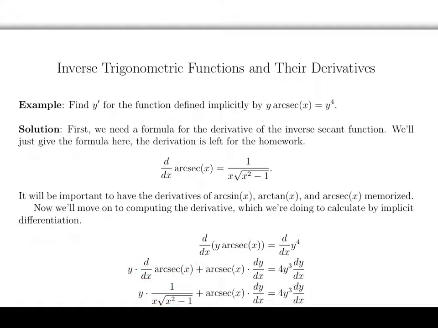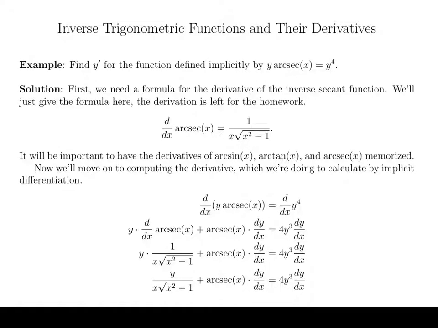Now we have to keep in mind what our goal is. Our goal is to solve for dy by dx. So we need to get all the terms with dy by dx on one side, everything that doesn't have it on the other. There was one last step in here where we basically just consolidated these two terms. Nothing fancy there.